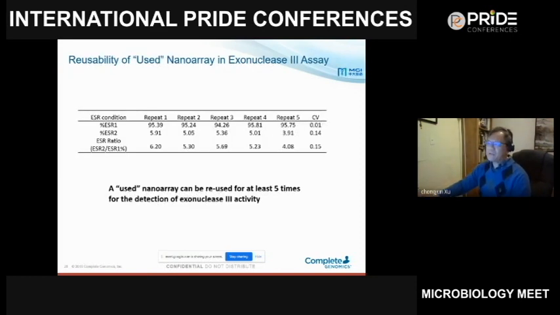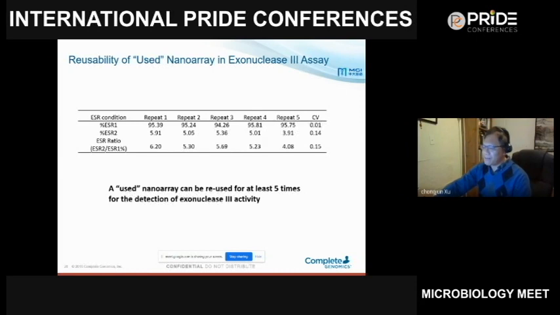We also found that the used array can be reused five consecutive times. We repeated using the same flow cell and found that the reactivity is the same.